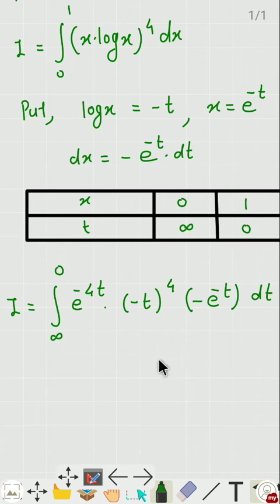Okay, and if we simplify, this integration becomes from 0 to infinity t raised to the power 4 into e raised to the power minus 5t dt.